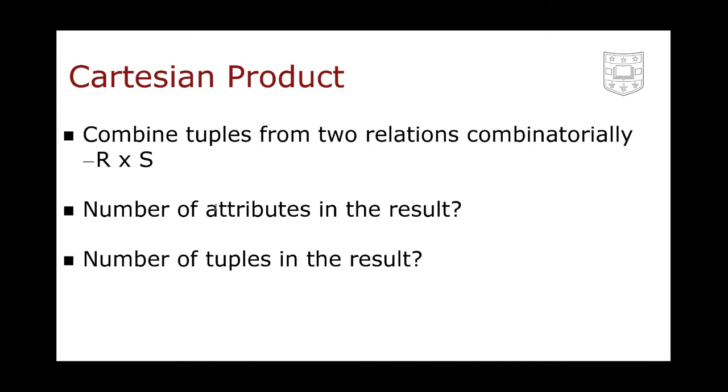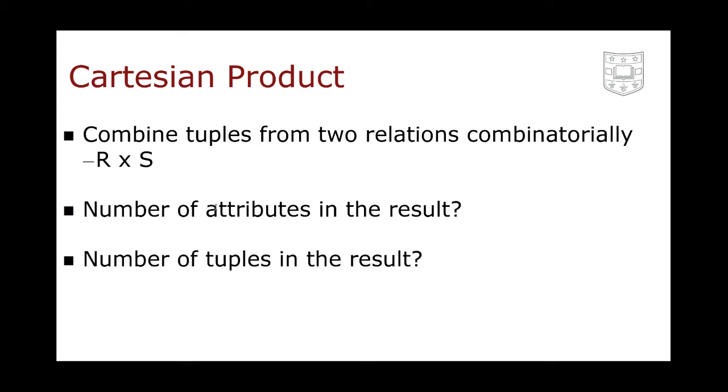So if we want to talk about this generally, you see the questions up here on the slide. If relation R has n attributes and relation S has m attributes, how many attributes are going to be in the result? N plus m. It's going to be the sum total of those attributes.